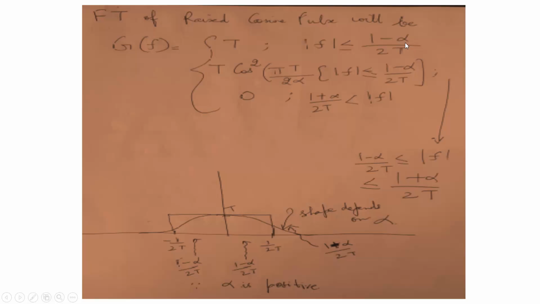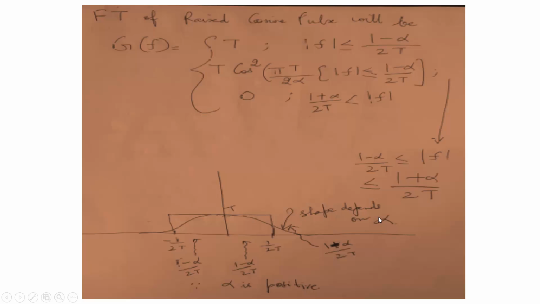For any value of α other than 0, (1−α)/2T will lie within this range, smaller than 1/2T. When α equals 0, this will be a rectangular pulse.